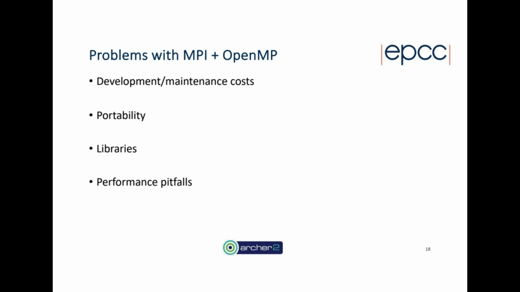Compared to using OpenMP, doing MPI is going to cause you a lot of changes to the code. You have to rethink your data structures. You have to explicitly develop all the communication patterns and so on.